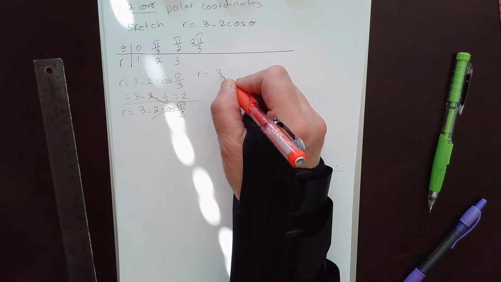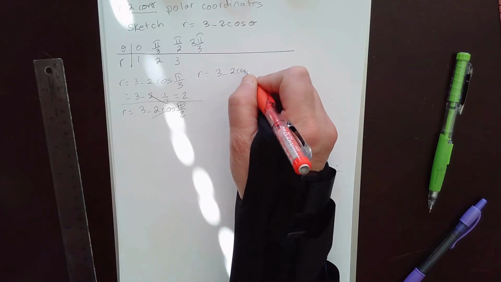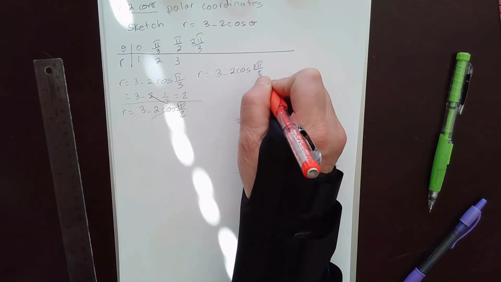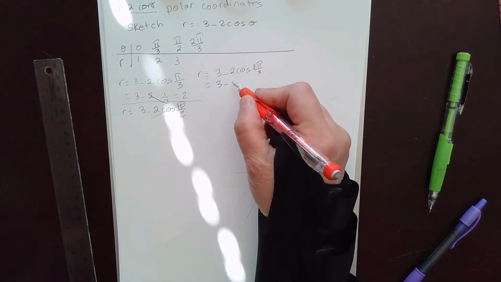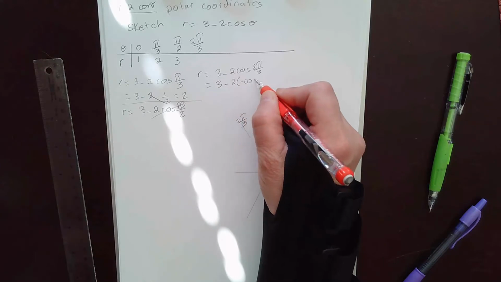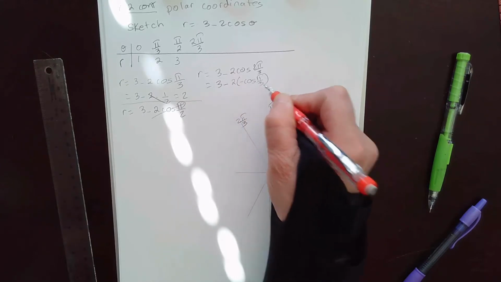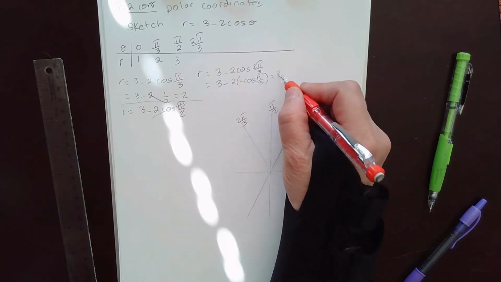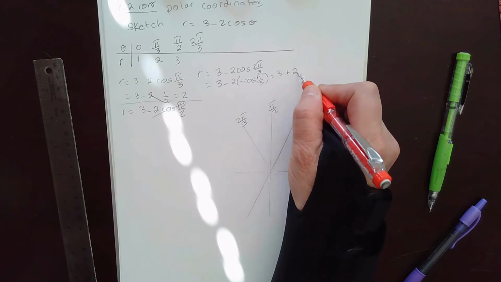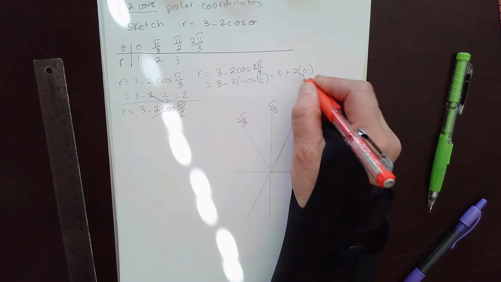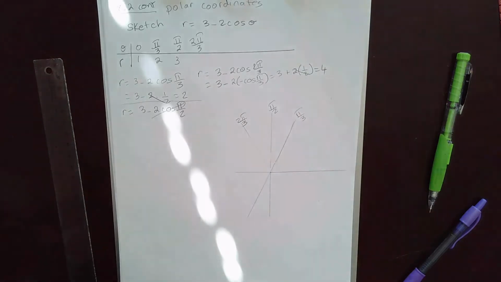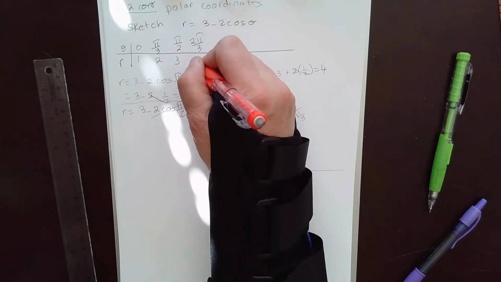So you have 3 minus 2 cosine 2 pi over 3. That's the same as 3 minus 2 times negative cosine pi over 3, right? So it would be 3 plus 2 times cosine pi over 3, which is 1/2. So then that gives me what? 4. So at 2 pi over 3, r is 4.